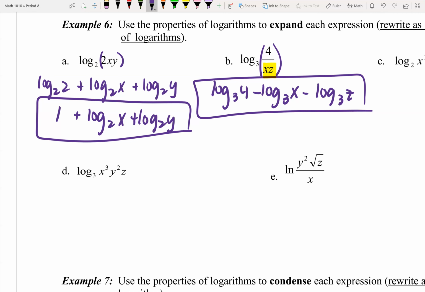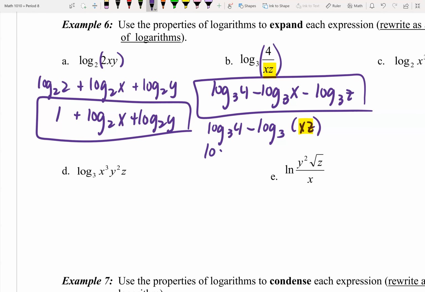Okay, everybody write this with me. Underneath this, write log base 3 of 4 minus log base 3, and then in parentheses, x times z. So I kept those together, even though they're separate things. Now I say, okay, that's great, but these have to be expanded further, which means I'm going to add.